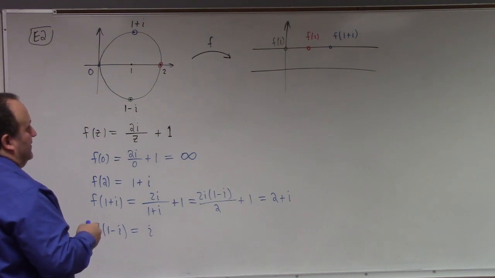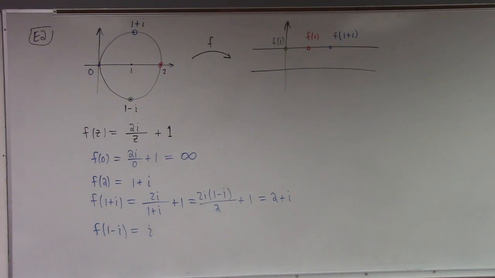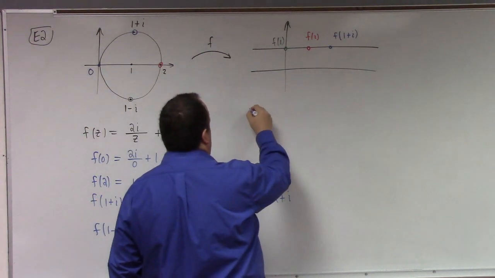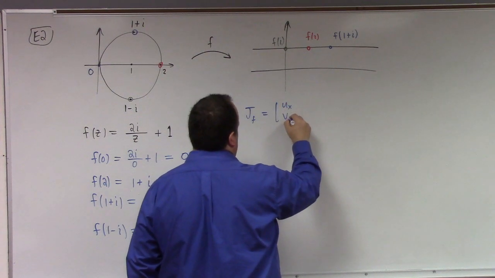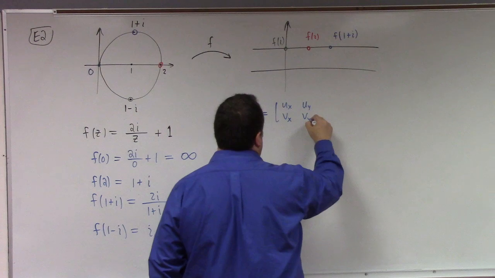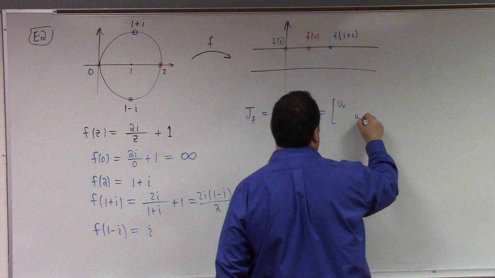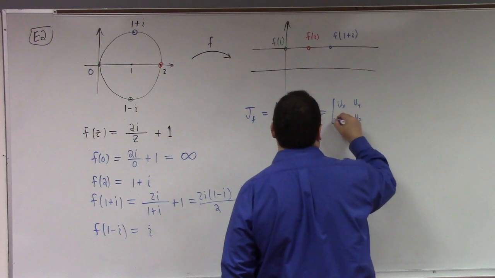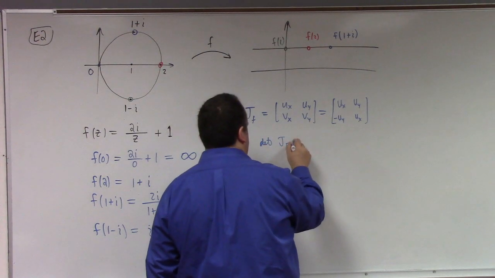All right, the interior. The other part of it: if it's a conformal map, a complex differentiable map, what is the Jacobian of the map? Just a point of order here. The Jacobian of a complex differentiable map has the form ux, vx, uy, vy. Because of the Cauchy-Riemann equations, we've got ux, uy, minus uy. So what does the determinant of the Jacobian of a complex differentiable map look like?